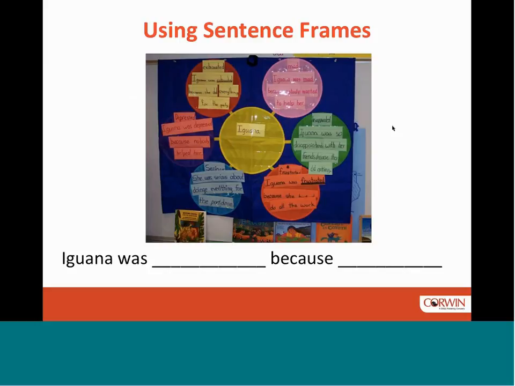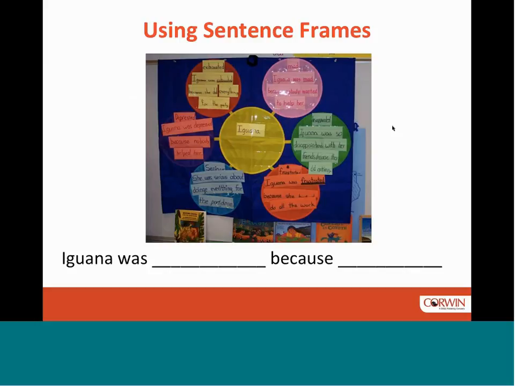As we said earlier, using sentence frames is something that teachers use quite frequently, but perhaps they don't think about the fact that this is helping their students develop the syntax of the new language that they're learning. This is a picture of a bulletin board in a classroom we visited, where the teacher and the students had read a book called Iguana Mañana.